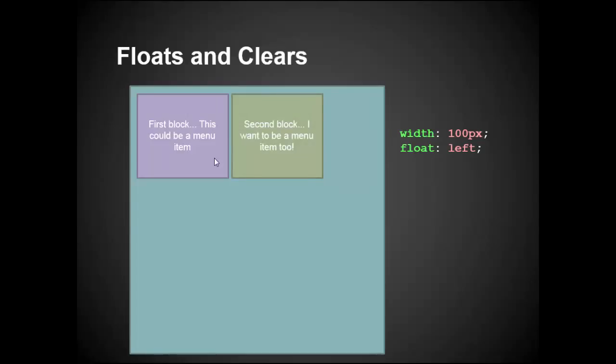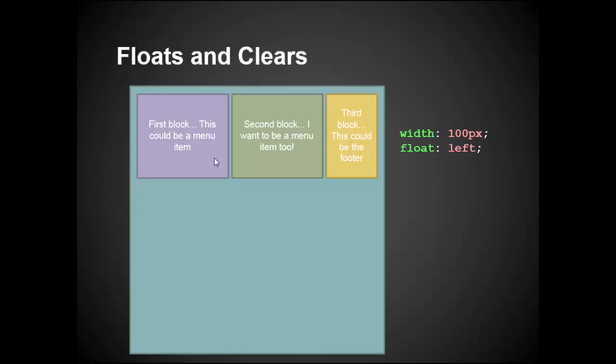Because these two are defined as float, meaning that they know that they have 100 pixels, and then the second one knows, okay, I have 100 pixels, but I still fit next to the previous float. So it moves next to the previous float. However, elements that are non-floating also end up going next to the elements that are float. And we are going to see why and what we need to do to avoid this.